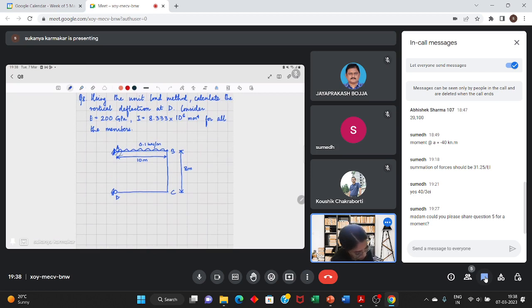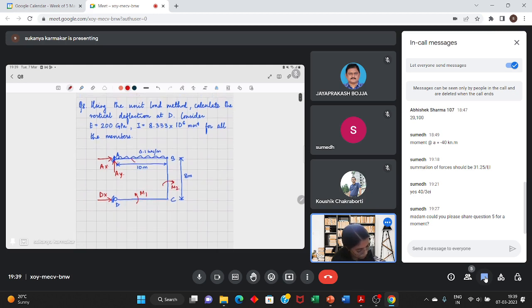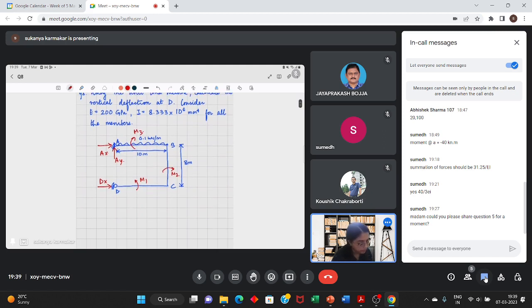So here, let this be AY, this is AX, this being roller, there will only be DX. Let this moment be M1, this be M2, and M3. I'm naming the moment equations.